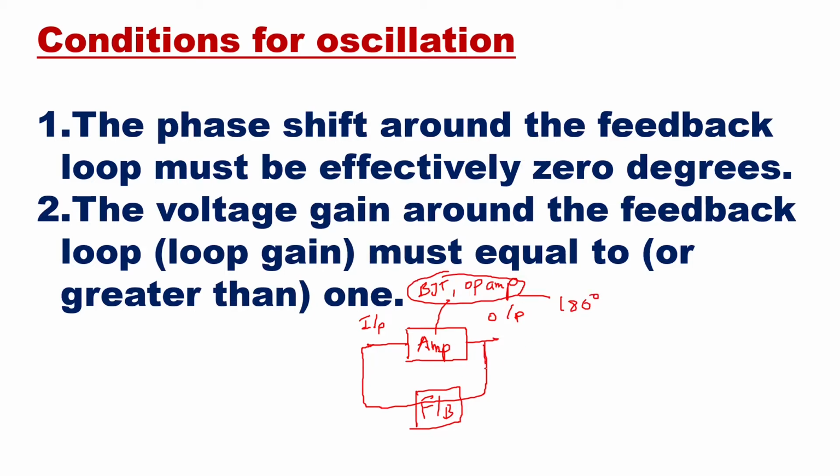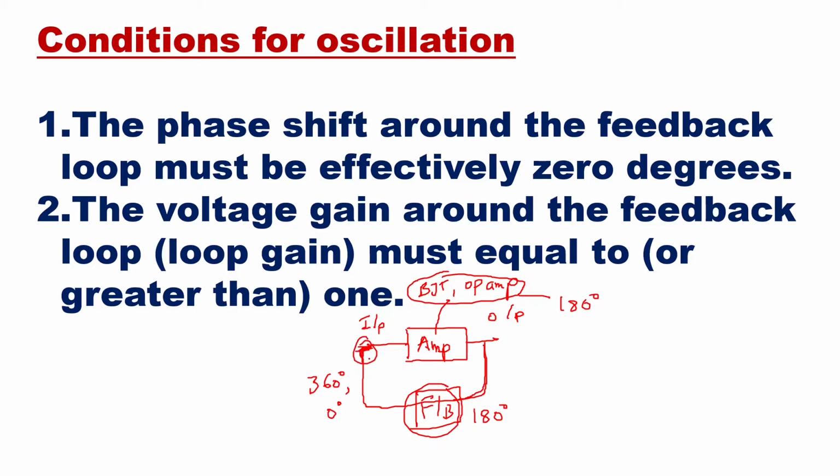Then the feedback network, whatever you have, should again produce a phase shift of 180 degrees. So 180 degrees by the amplifier and 180 degrees by the feedback network, so it will be a 360-degree phase shift in the total loop. And that 360 degrees says that it is 0 degrees. That means whatever feedback is coming is in phase with the input here.